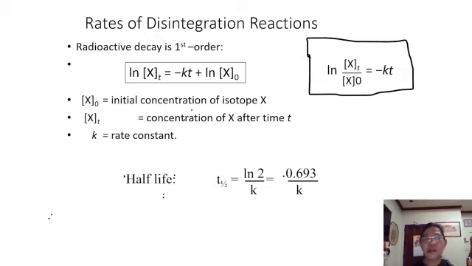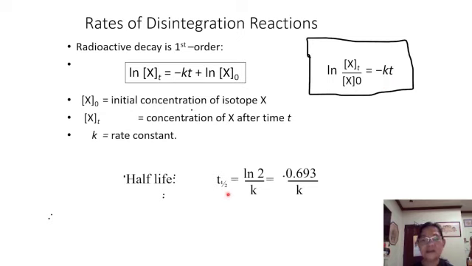If we rearrange the equation, natural logarithm of Xt over X0 is equal to minus kt. If we are talking about half-life of a reaction, Xt would be 1/2 of X0. So natural logarithm of 1/2 X0 over X0 is equal to minus kt, and t here would be the half-life.